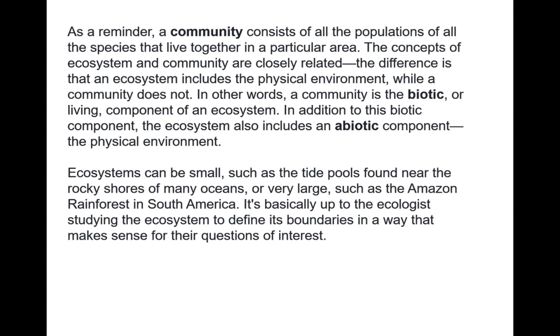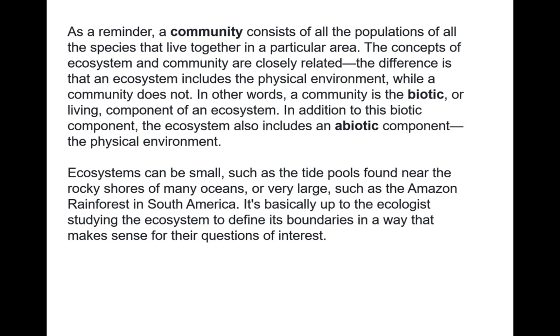As a reminder, a community consists of all the populations of all the species that live together in a particular area. The concepts of ecosystem and community are closely related. The difference is that an ecosystem includes the physical environment while a community does not.